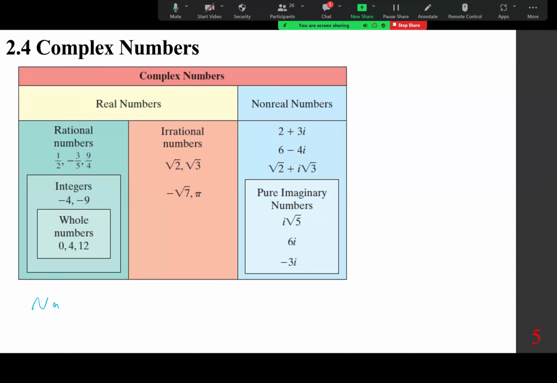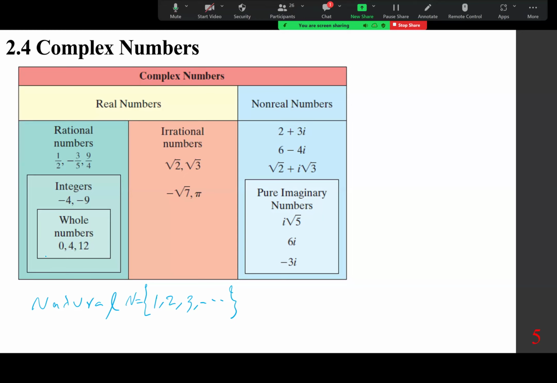So natural numbers are 1, 2, 3, and so on. This is called the set of positive integers or counting numbers.